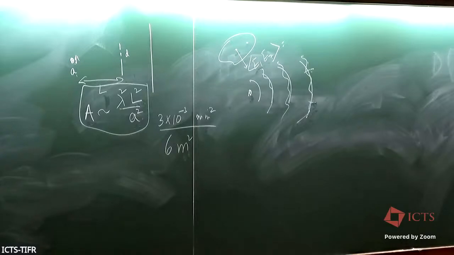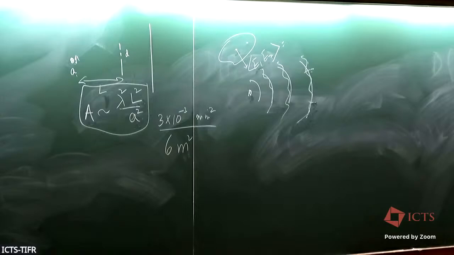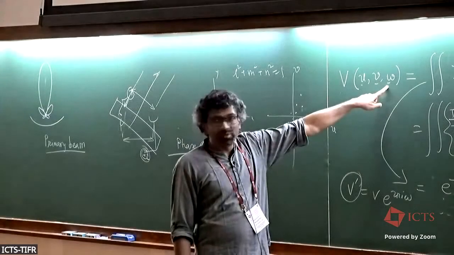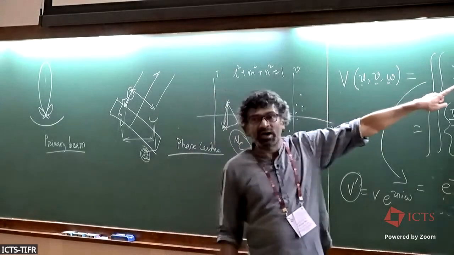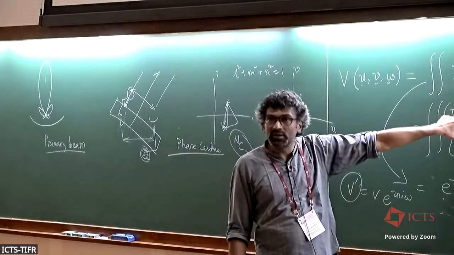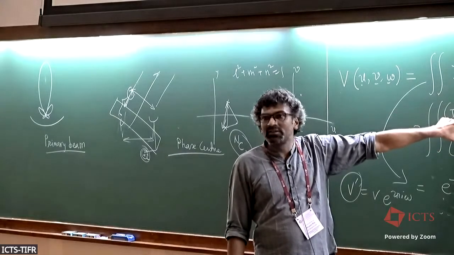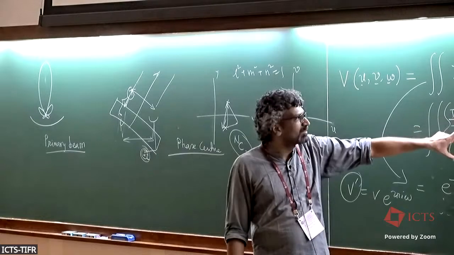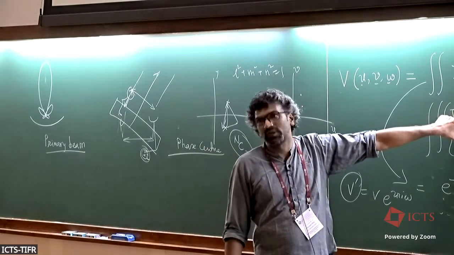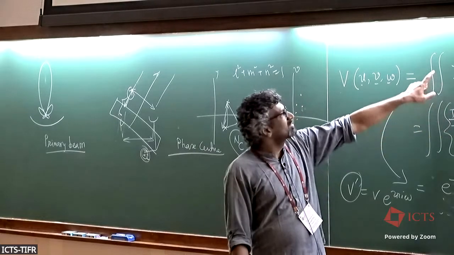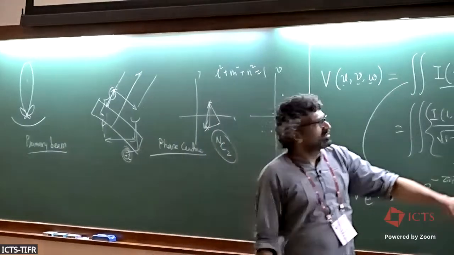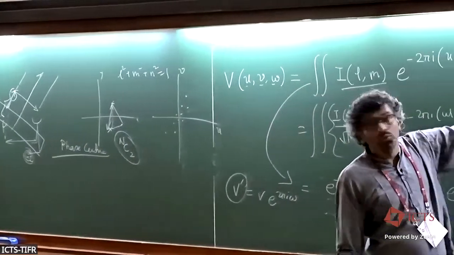But under either of two assumptions: if I set W to 0, this becomes an exact Fourier transform, but not of I_lm, of a different quantity. But this different quantity is not very different from I_lm, and if I know this quantity, I can find out I_lm. Or under the assumption that my n is almost 1.